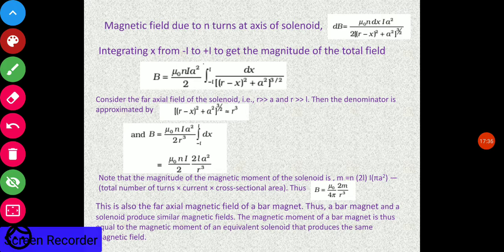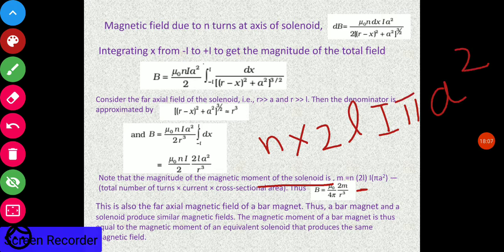Now note the magnetic moment of the solenoid. The magnitude of the magnetic moment is M = N I A, where I is the current and N is the number of turns per unit length. If you multiply it by the total length, then N into 2L is the total number of turns, multiplied by the current I and the area A².